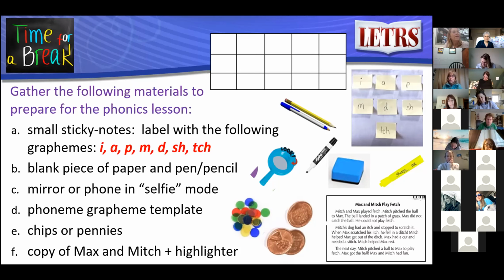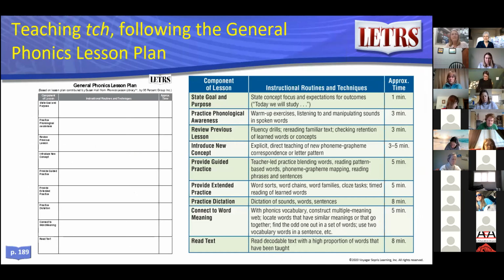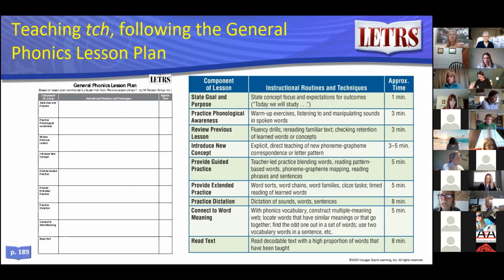Okay, so you've gathered your materials. Those are the things that we'll use for our lesson. On this slide here is a copy of that general phonics lesson plan, and on page 166, on the right side, you'll see the description of everything in that phonics lesson plan. As Lynn said before, think of it more like a menu.